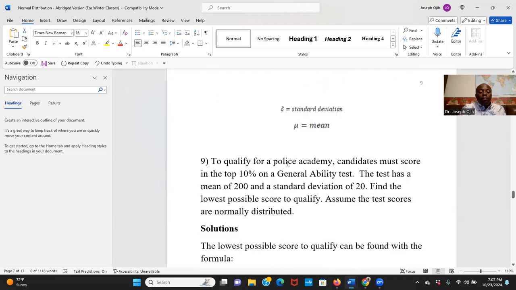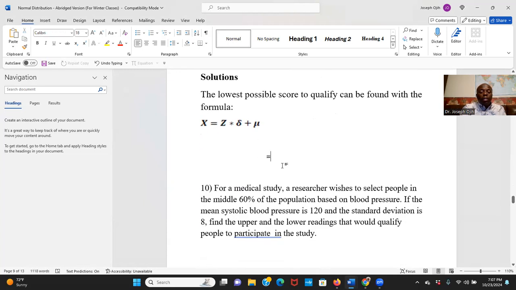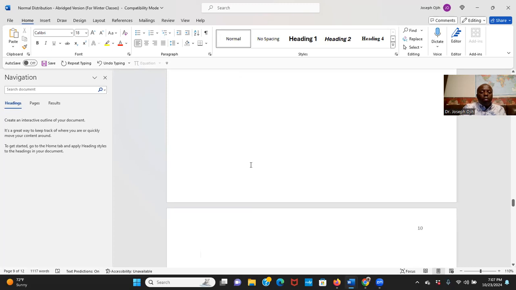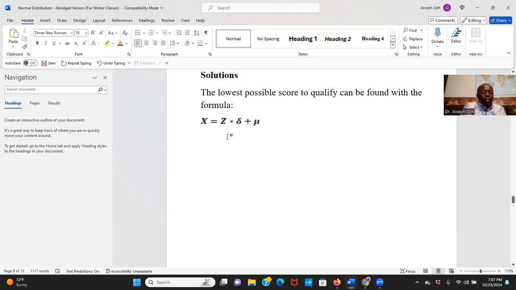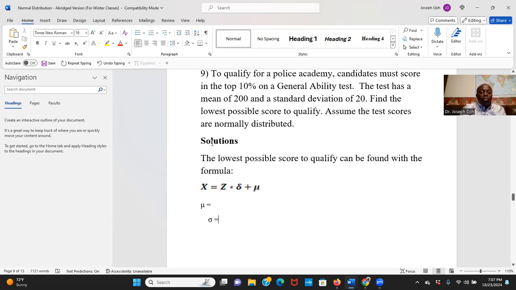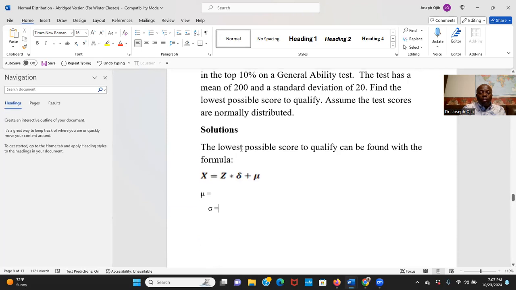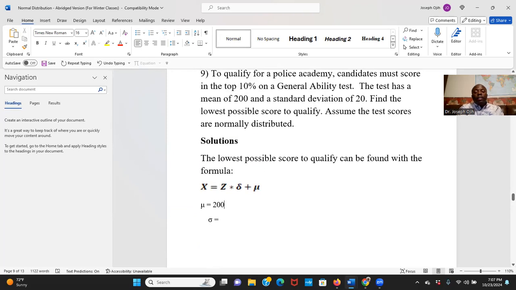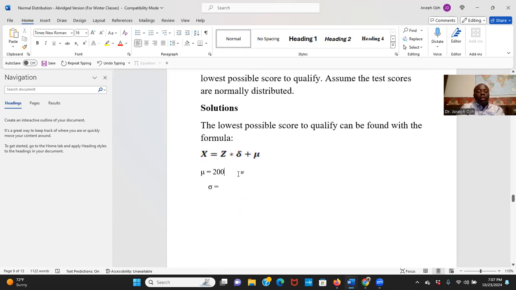The mean is given as 200, and the standard deviation is given as 20.